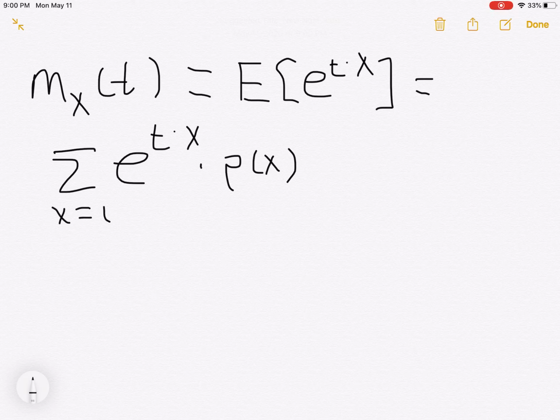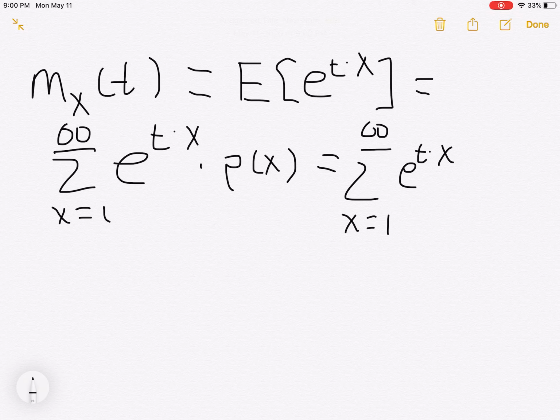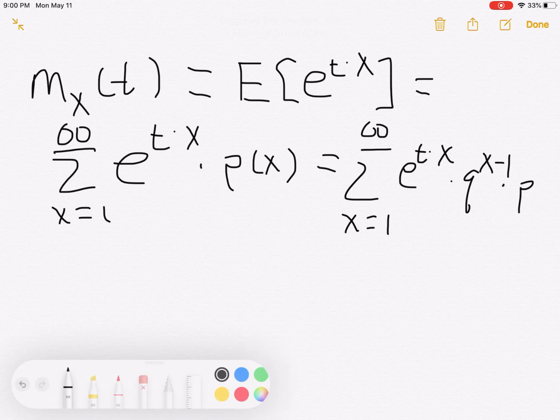X, the smallest value it can be is 1. It could go all the way to infinity. So we're going to do the summation from x equals 1 to infinity of e to the t times x. And remember, p of x, the probability of a geometric, is just going to be q to the x minus 1 times p. I'm going to do one thing right here.